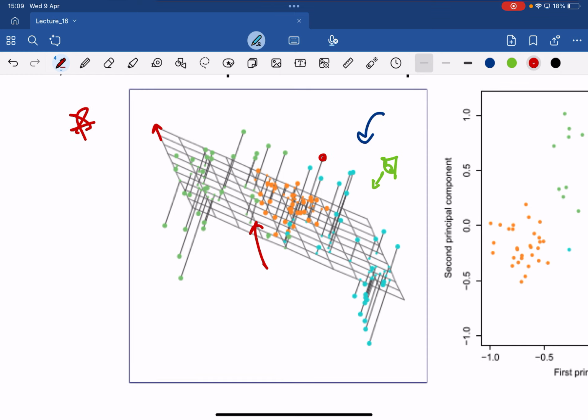So this plane will be your coordinates. Or in other words, it's actually your phi matrix.